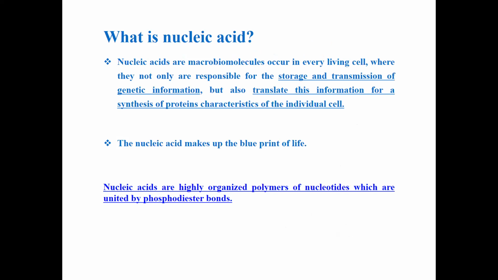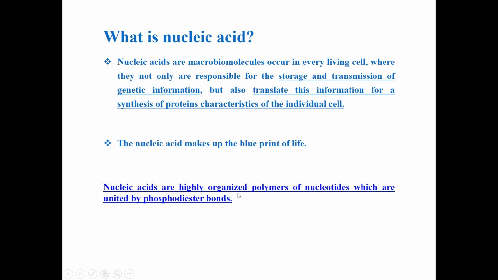So if we academically say, what is nucleic acid? Nucleic acids are macrobiomolecules, occurring in every living cell, where they not only are responsible for the storage and transmission of genetic information, but also translate this information for the synthesis of protein characteristic of the individual cell. The nucleic acid makes up the blueprint of life.